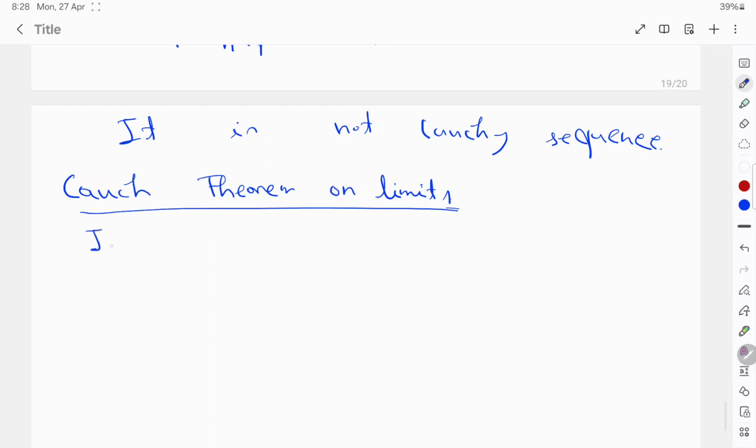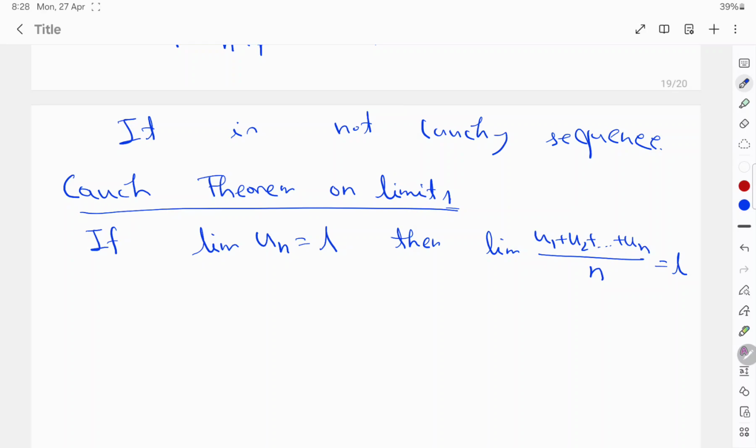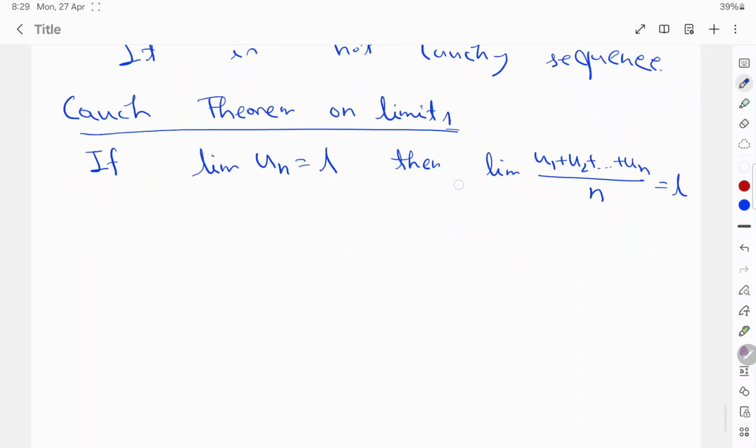It's saying if your limit un equal to L, okay, then limit u1 plus u2 plus dot dot dot un by n is equal to L actually.